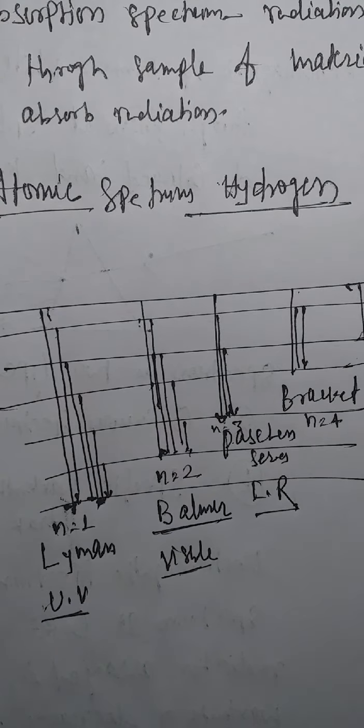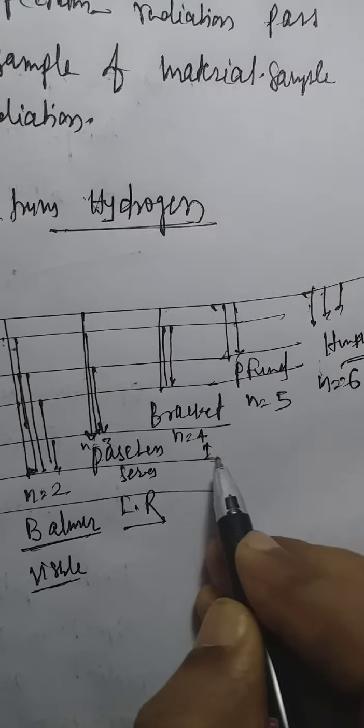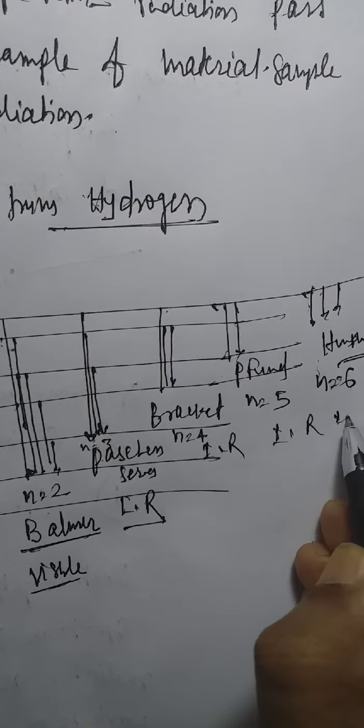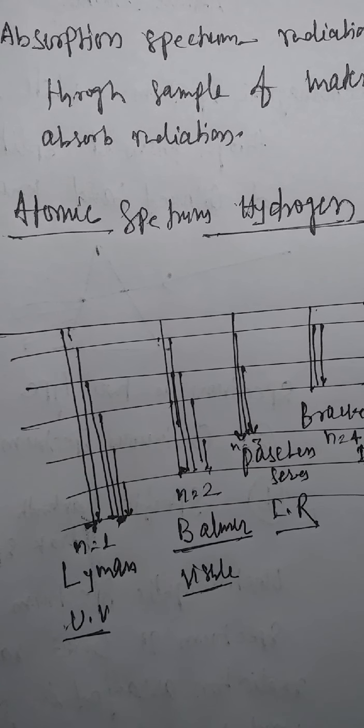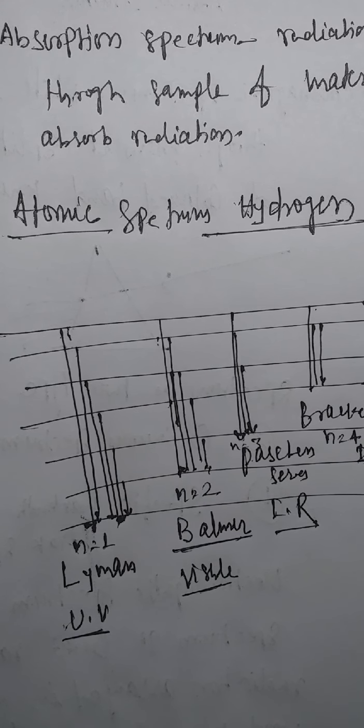These spectral lines are between the visible region, at the other end we have the infrared region, and the previous one is the ultraviolet region. So these are the spectral lines of the hydrogen atom spectrum.